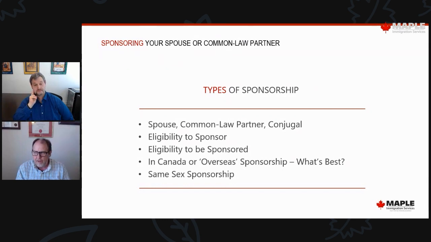So the Canadian government recognizes that your spouse who's here might want to work. So if you do an in-Canada application, that means your spouse or your partner is here, and then you can apply for an open work permit. And if the government gets to the point where they think you are eligible to sponsor someone, then the applicant will get an open work permit, and they can work in basically any type of job until that application is finalized.